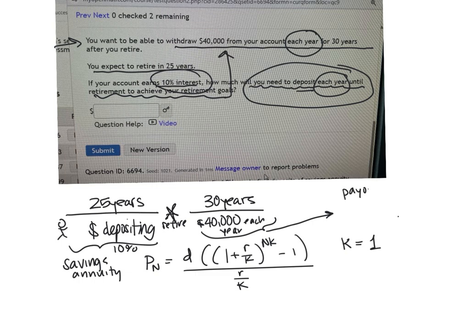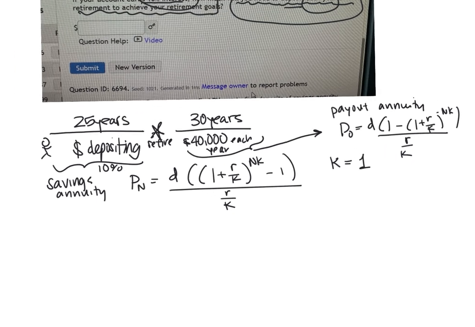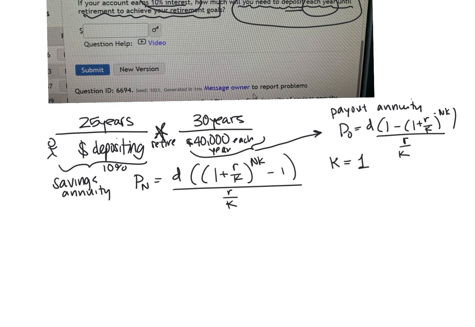The payout annuity formula says that P naught equals D times 1 minus (1 plus R over K) to the negative NK, all over R over K. If you look at the savings annuity formula, we want to figure out how much to deposit, and this is going to be the amount of money that we have. We are missing both those pieces of information for the pre-retirement part.